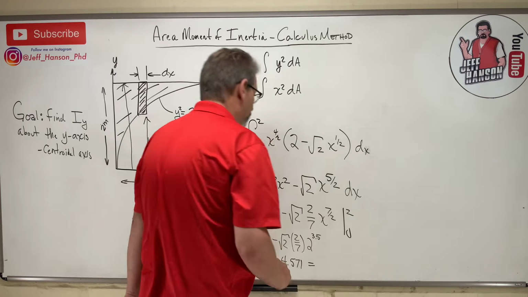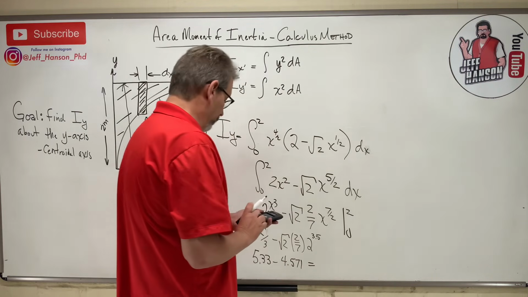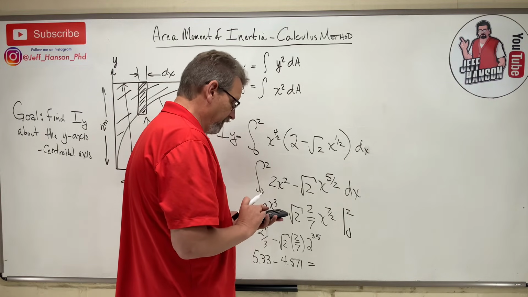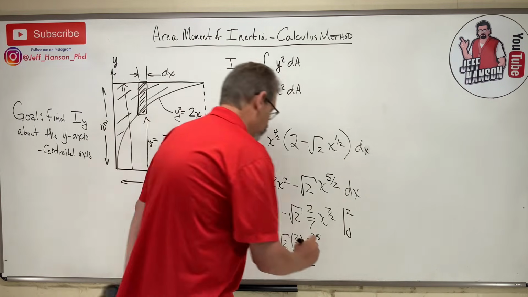So Iy is equal to 5.33333 minus answer equals 0.762.